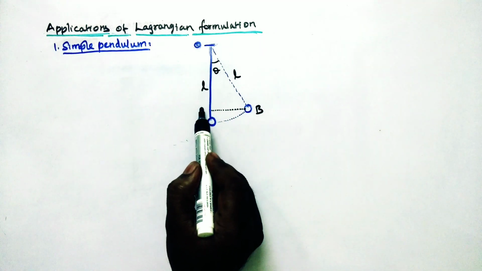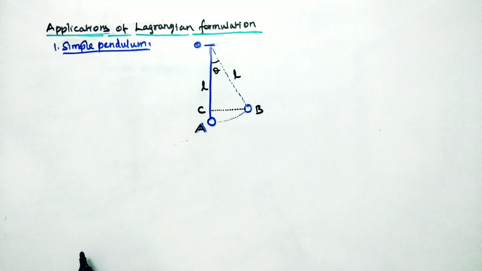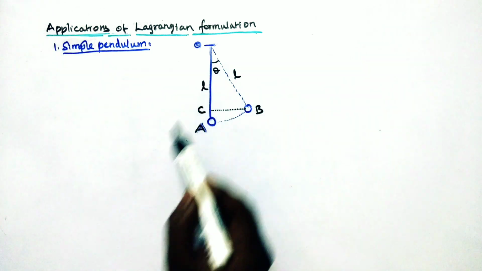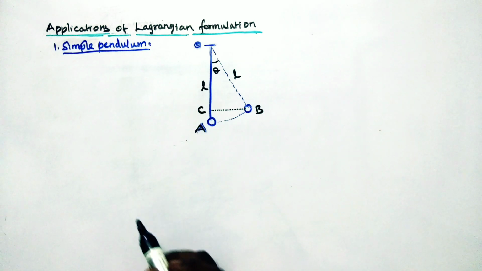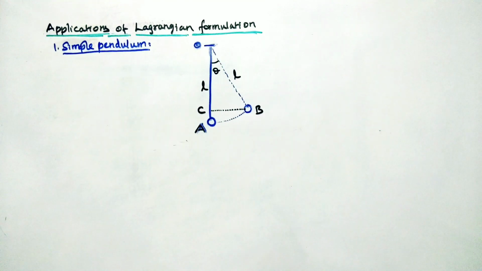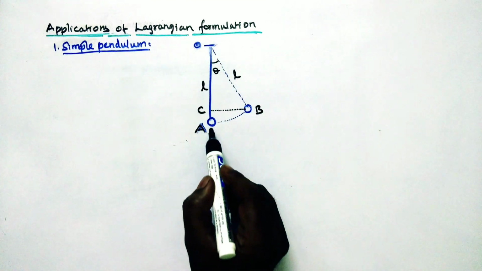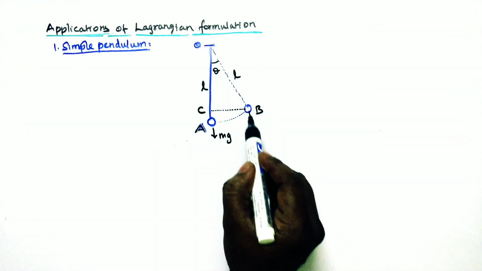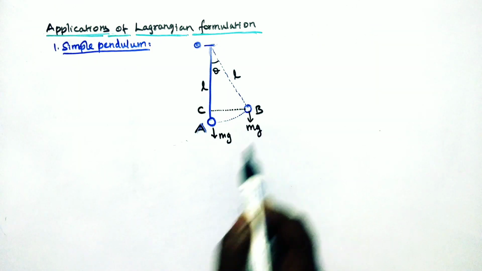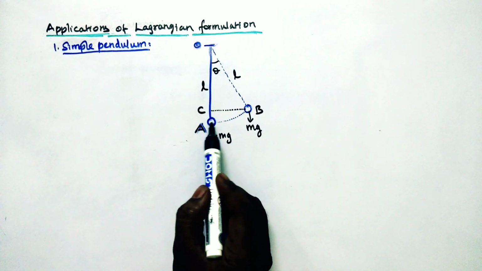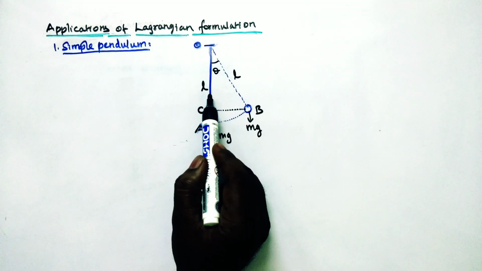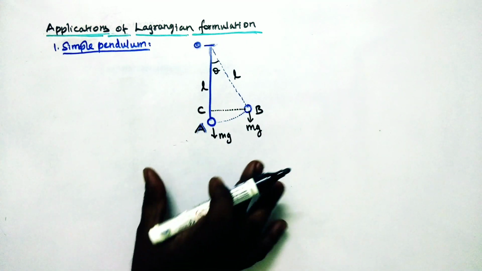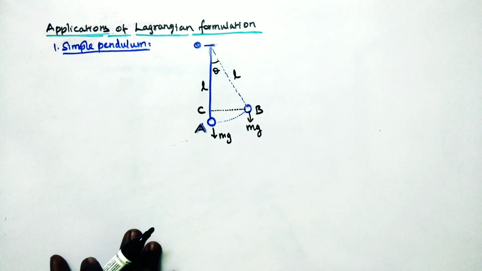Now we note this point as C. Now OC, CA is L. So this is mg. This is also mg. So a mass attached with a string, or a bob, hanging on a hook, this setup is called a simple pendulum.